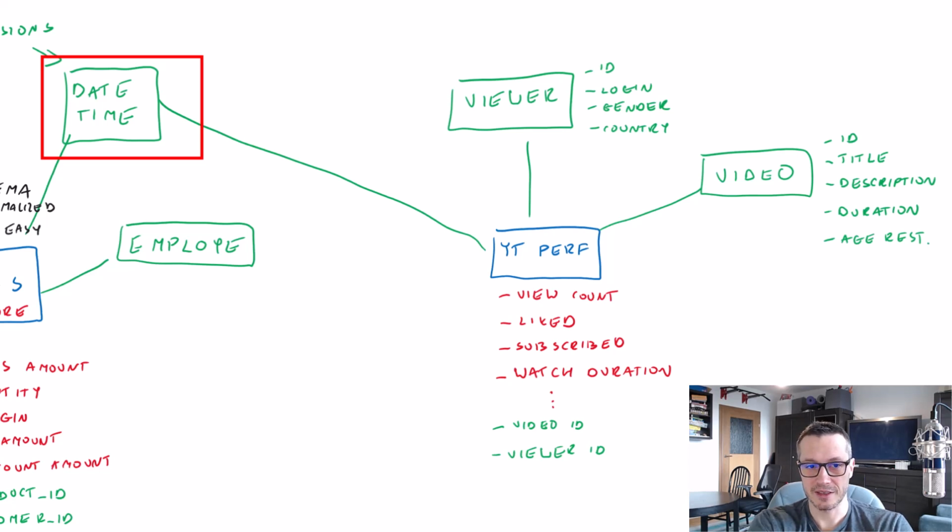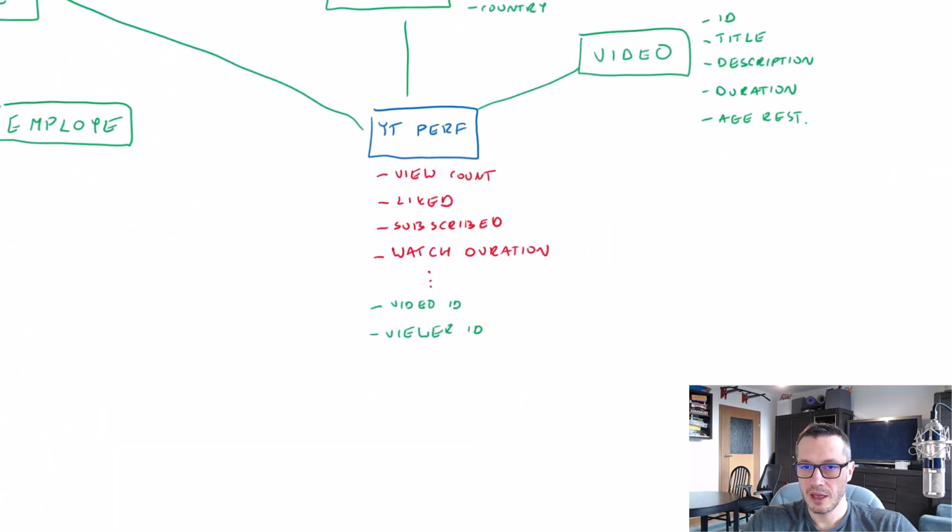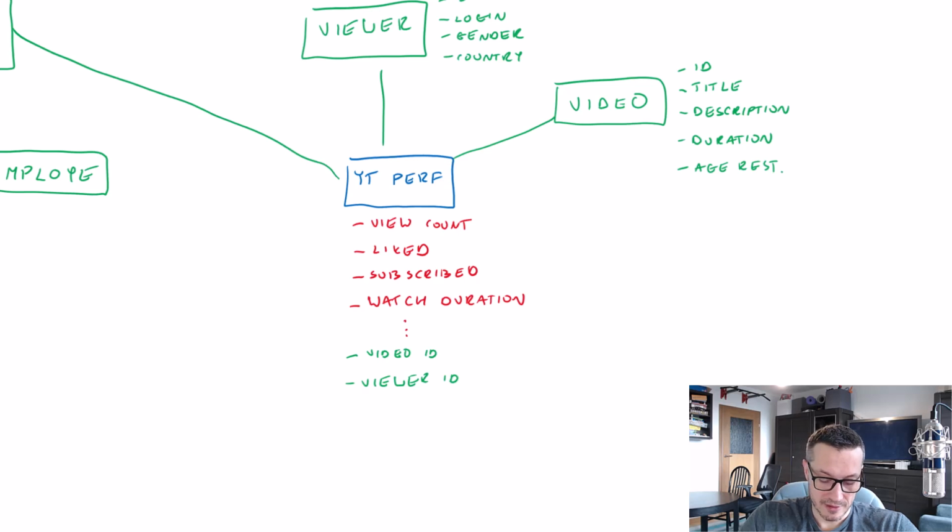And that's what I just did. We have this common date-time dimension that can be used for our sales and for my YouTube performance facts. And to make it work, probably I would add a column or a property called view date or something.